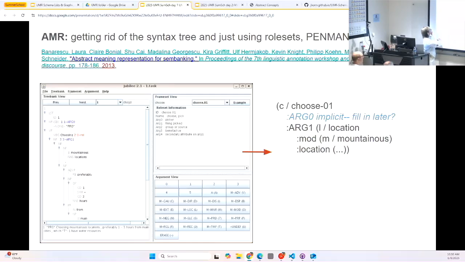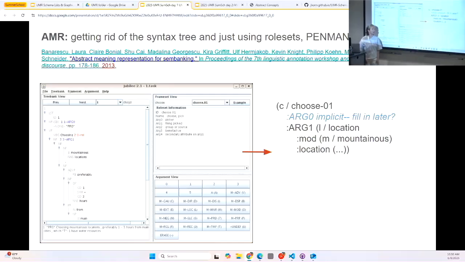So you can see the AMR graph is quite similar to the syntax tree, but it's not exactly the same. And one advantage: the syntax trees have all of these pro arguments, so you'd be labeling these all the time. In AMR, you don't even have to label those things. They can get filled in automatically later as implicit arguments, but you don't have to do it.